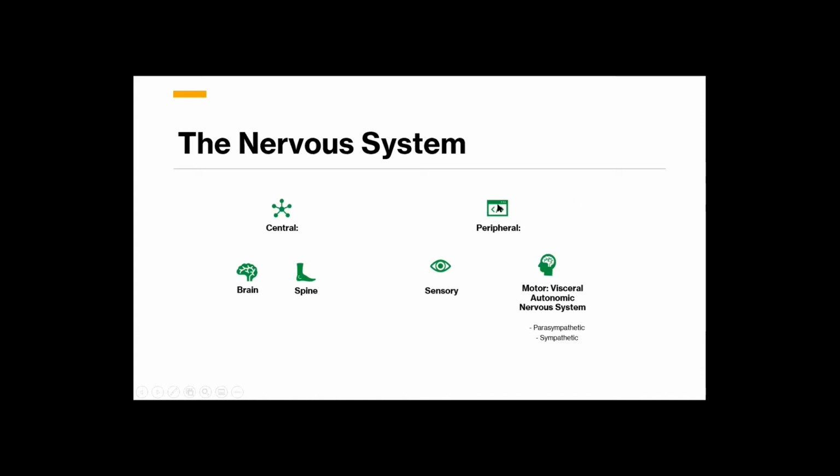The peripheral nervous system is all of the nerves coming out of the spine, which makes up the sensory and the motor visceral autonomic nervous system. So it's the autonomic nervous system again that is built up of the parasympathetic and the sympathetic. On page 7.8, you can see how the nervous system is set up.